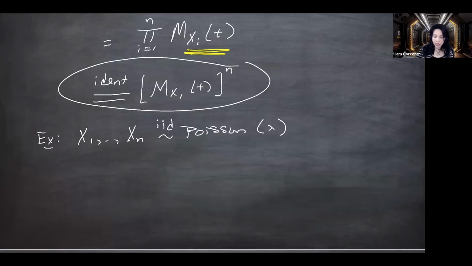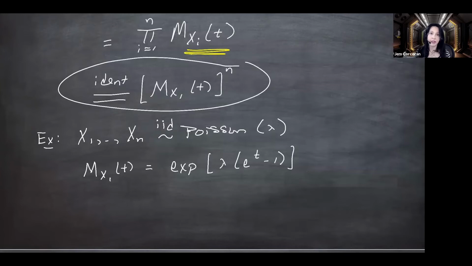Today we saw that the moment generating function for one of the X's, again, my X without a subscript is representing a generic one, or we can write X sub 1 to say it's the moment generating function for the first one, which is the same as all the others. So we just showed that this was e to the lambda times (e to the t minus 1).